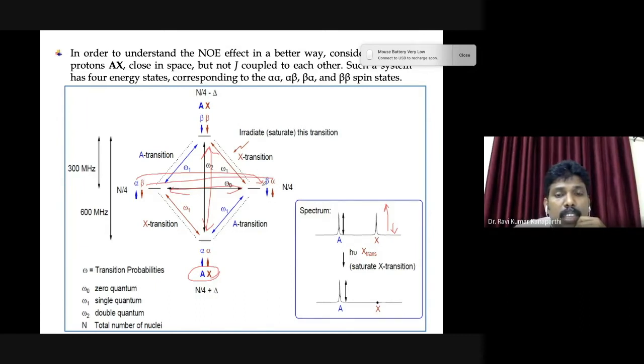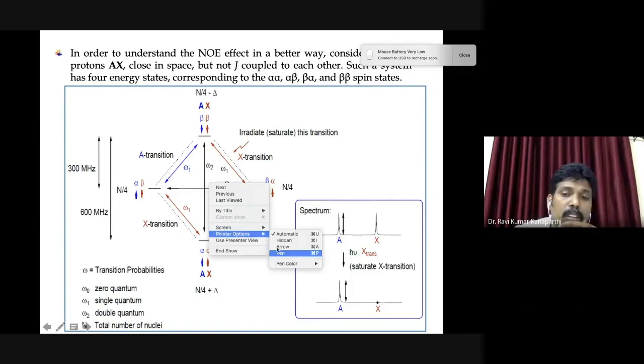While the A spin is changing its spin from alpha to beta, the X spin is also changing from beta to alpha. That is what I mean. So the net effect is zero, right? Both spins are getting changed. Therefore, we call this the zero quantum transition probability.